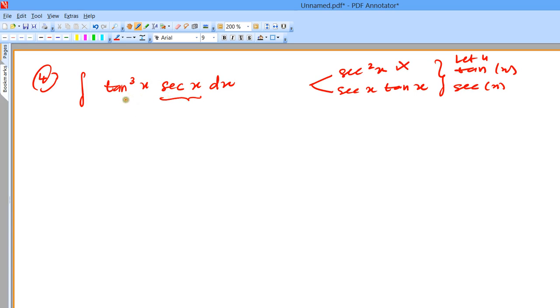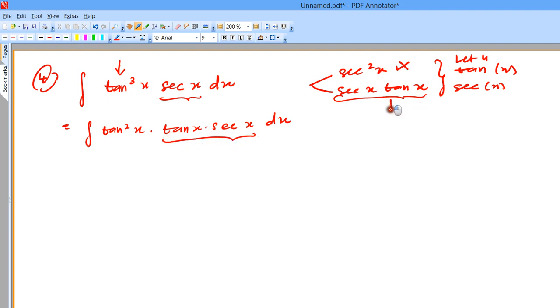So based on the first term, tangent cube x, actually we can split the term and get secant x times tangent x. So we can split tangent cube x: integrate tangent square x times tangent x times secant x dx. So now we have tangent x times secant x, so we can eliminate it, and we need to let u equal to secant x.